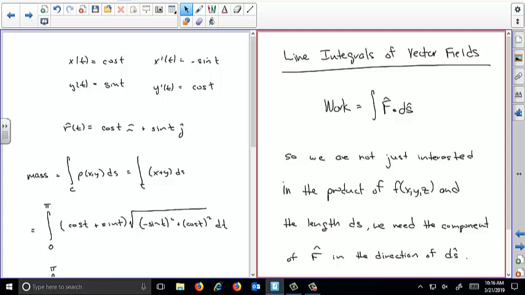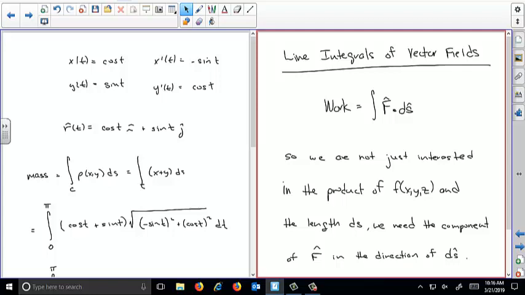Now, for the line integrals of vector fields, probably the most common or most useful example is calculating the work. The work is going to be the integral of the force vector dotted with the ds vector, where the ds is associated with the path that you're taking.